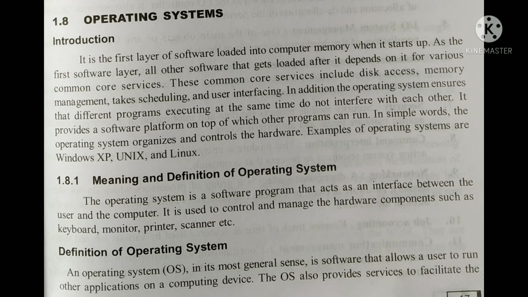An operating system, OS, in its most general sense, is software that allows a user to run other applications on a computing device. The OS also provides services to facilitate the effective execution and management of additional installed application programs.